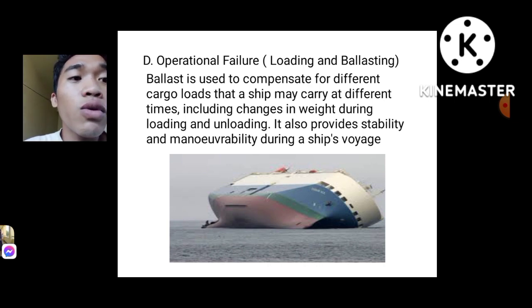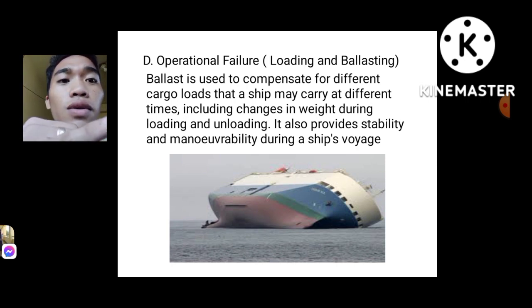So fourth is operational failure by loading and ballasting. Ballast is used to compensate for different cargo loads that a ship may carry at different times, including changes in weight during loading and unloading. It also provides stability and maneuverability during a ship voyage.